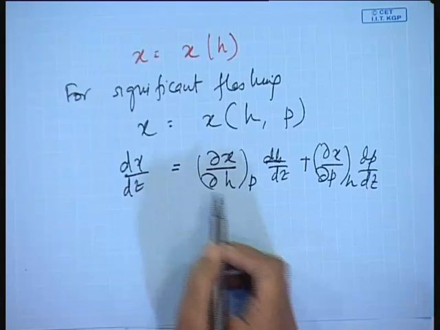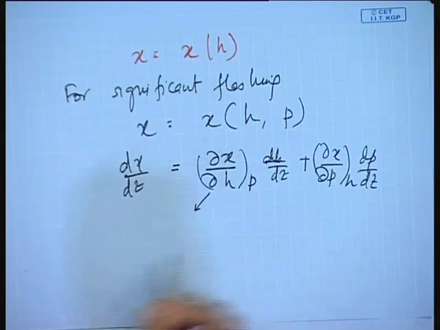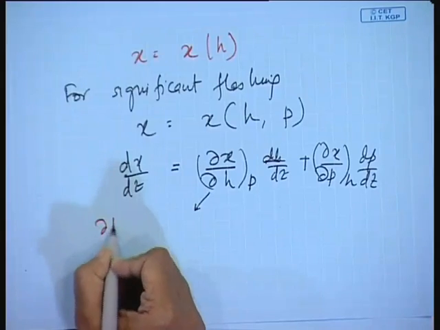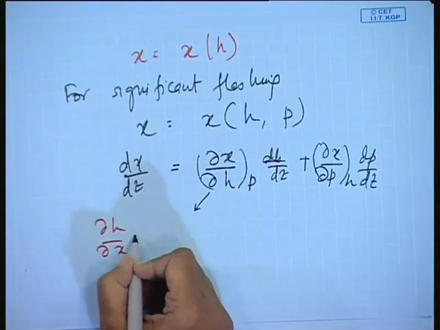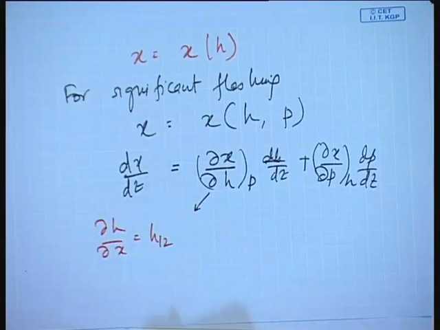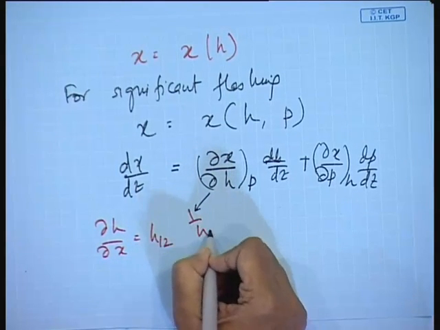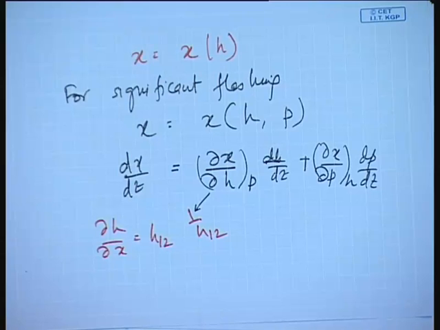Do you agree with me? And then what is this term, can you tell me? What is this particular term? Any idea? At constant pressure, how enthalpy changes with quality? Latent heat of vaporization. So, therefore, this is nothing but H12, in other words this is equal to 1 by H12.